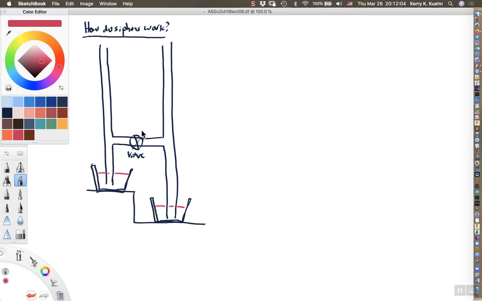But the density of this fluid is 4 times the density of water. Okay, so its specific gravity is 4. And suppose we have that fluid in both of these buckets.